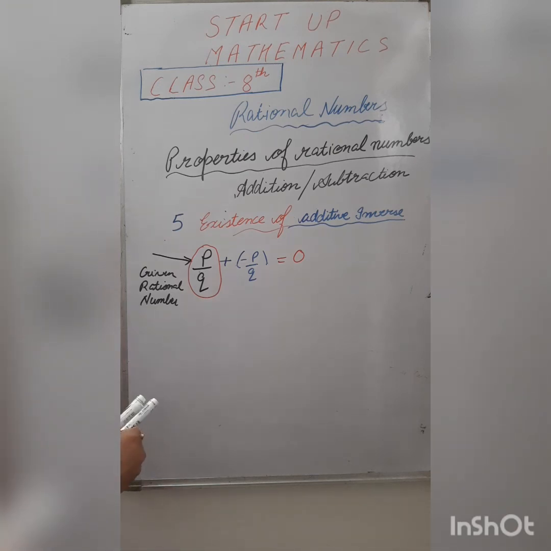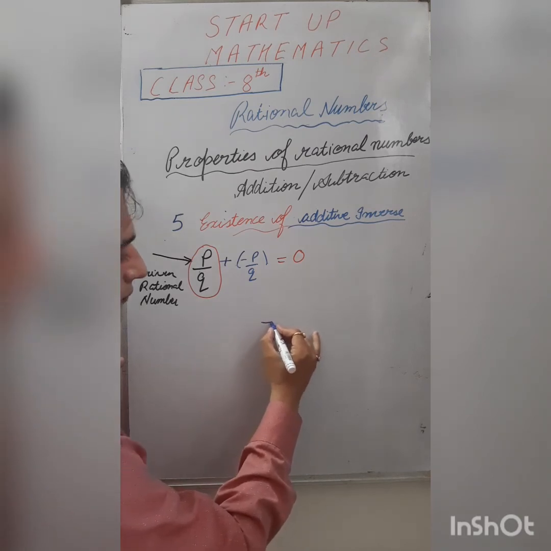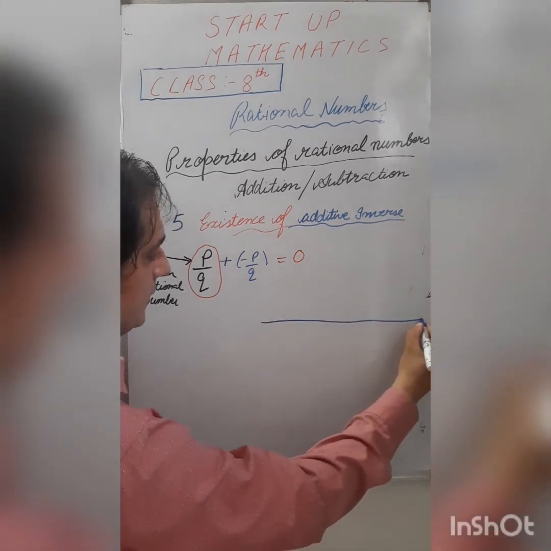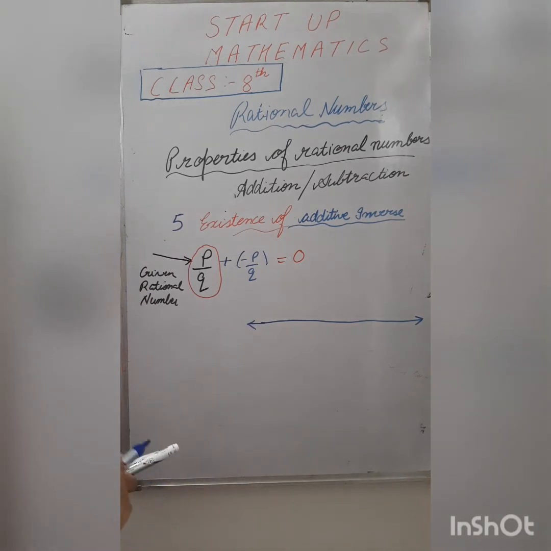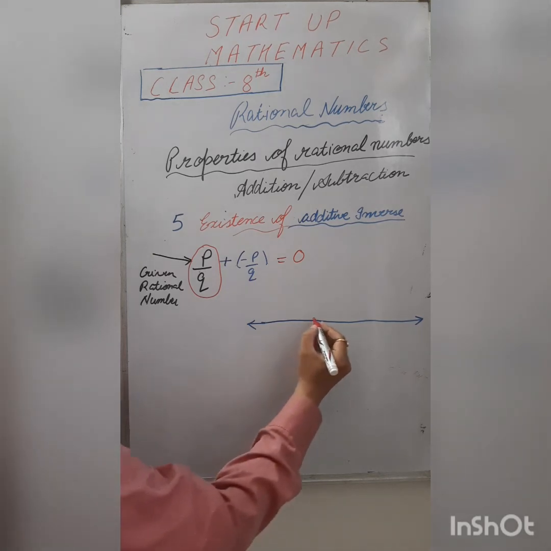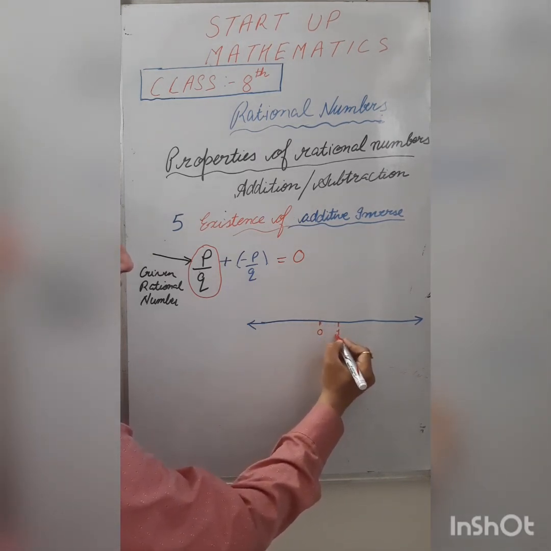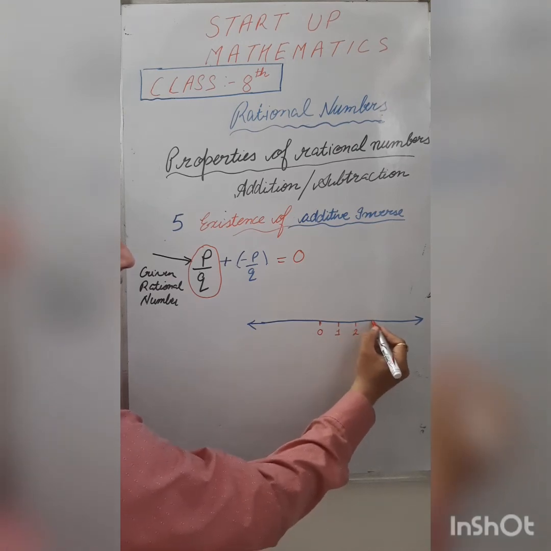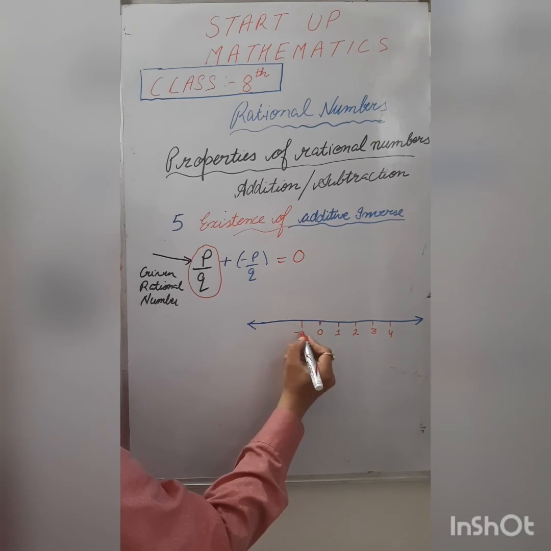If I tell you a little more about it, you know very well about the number line. What is a number line? Yes, it's a horizontal line that is marked at equal intervals, or you can write negative numbers.